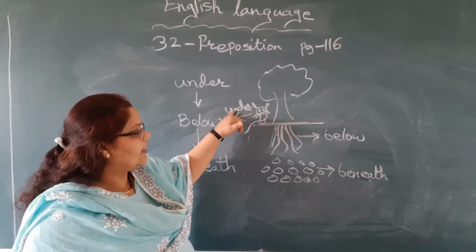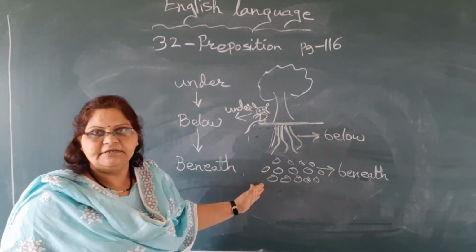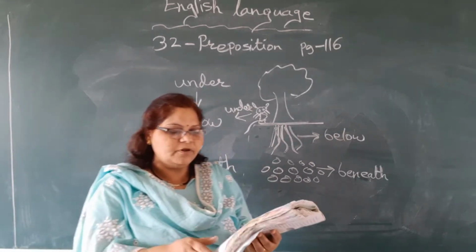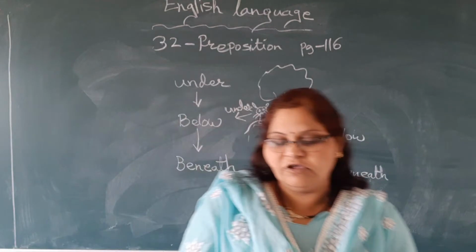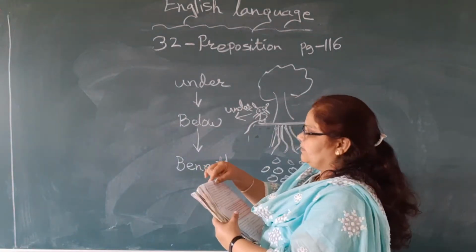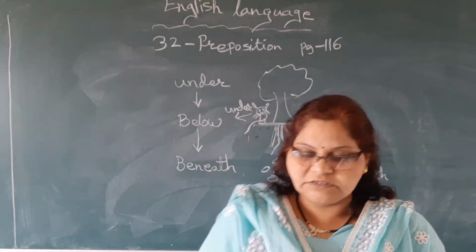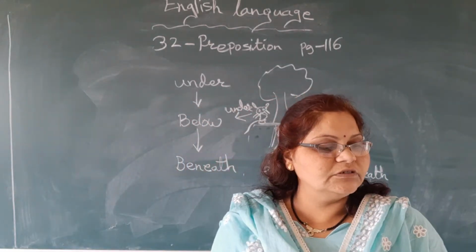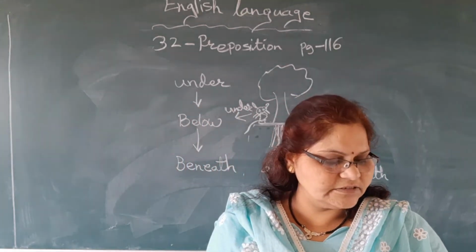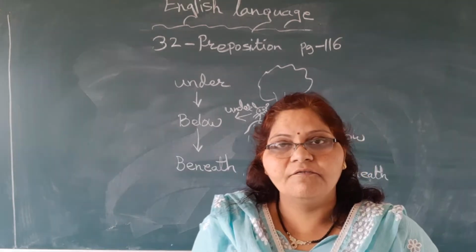So got it? Under, below, beneath. With this example in the picture, it is more clear for us where we have to use these three preposition words. Same words we are going to use in this exercise, exercise number D on page number 180.